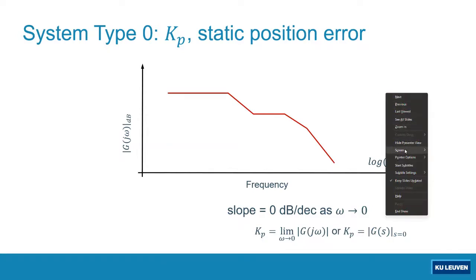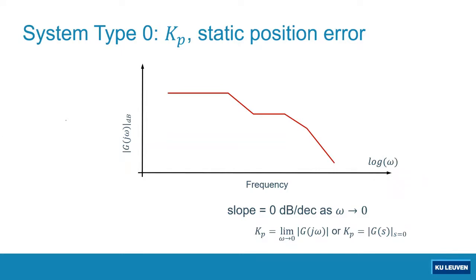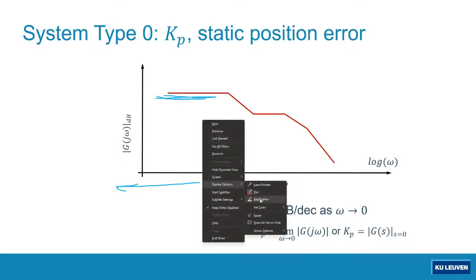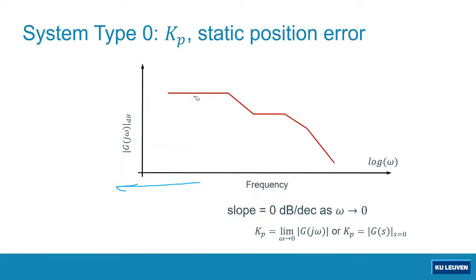What we normally see if we have a type 0 system at low frequency region, the magnitude plot will have a zero slope like this, only at low frequency region. So for sure, if you have a type 0 system, at low frequency region the magnitude plot will have a zero slope like this.